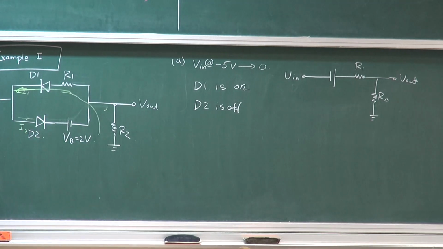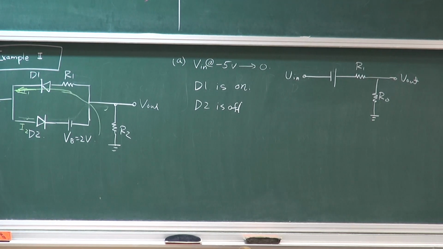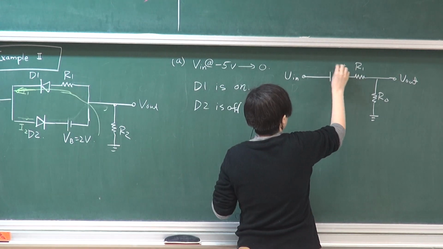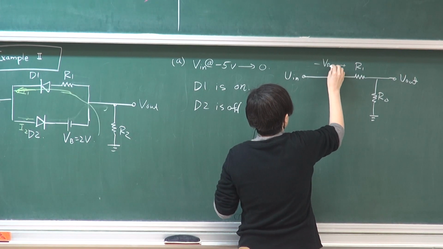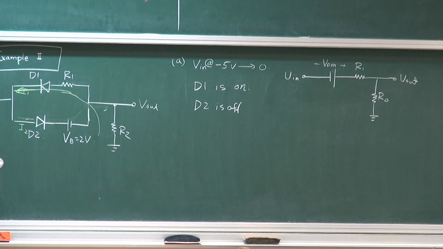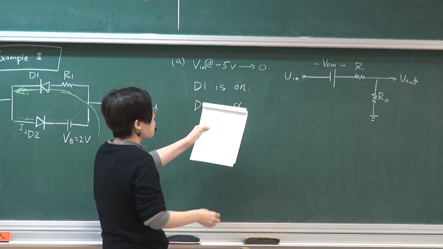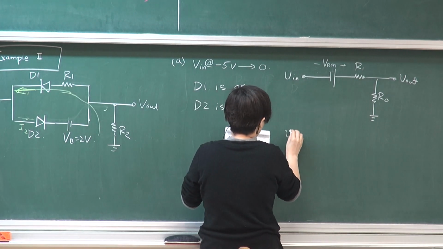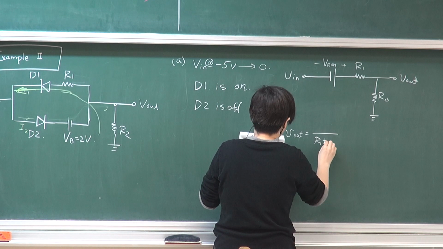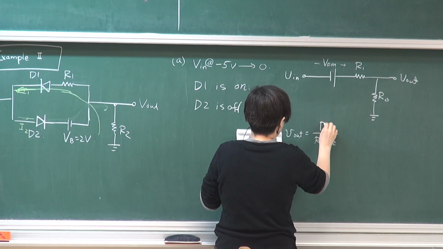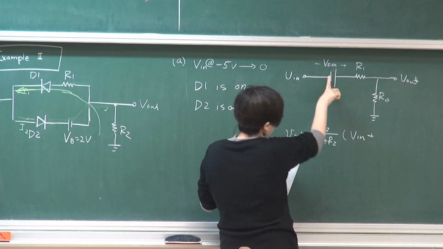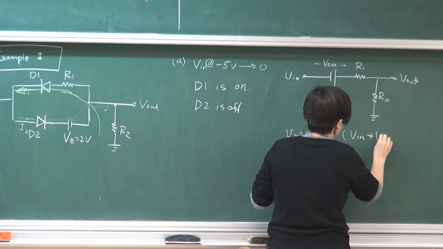So this is the same exercise as the previous one. It's just a different biasing, different direction. So we can actually construct our transfer equation simply based on this equivalent circuit. So your output will then become R2 over R1 plus R2 times the input, and we'll add another voltage, a VD on.